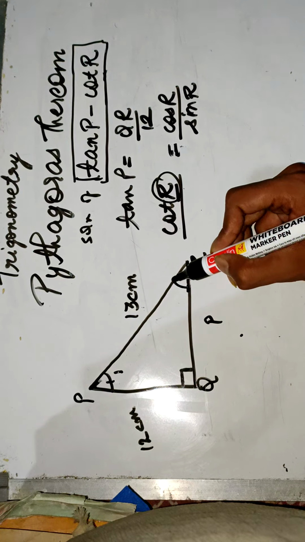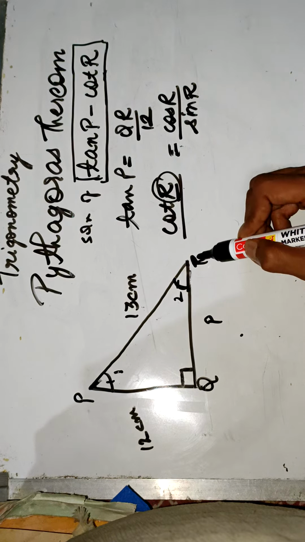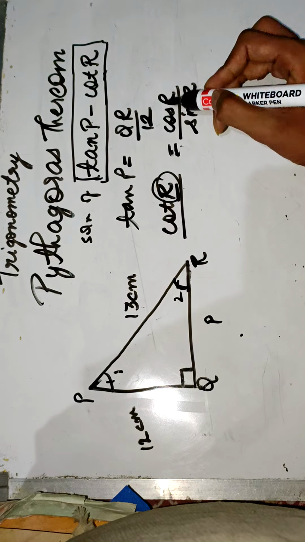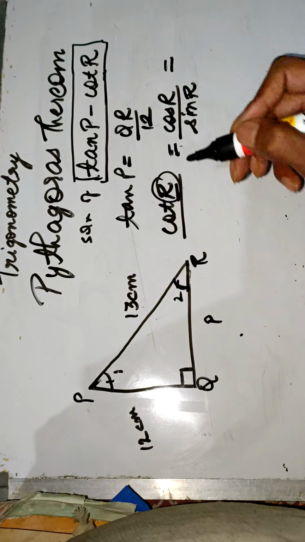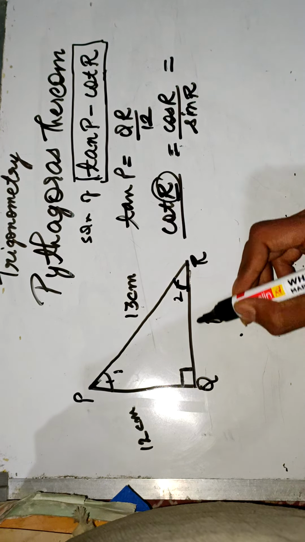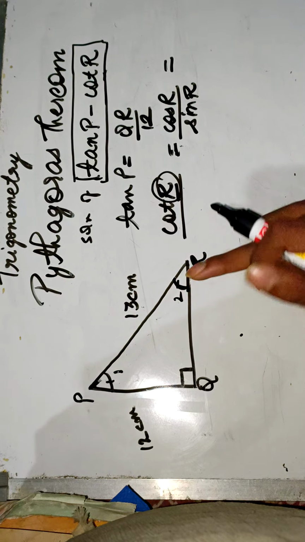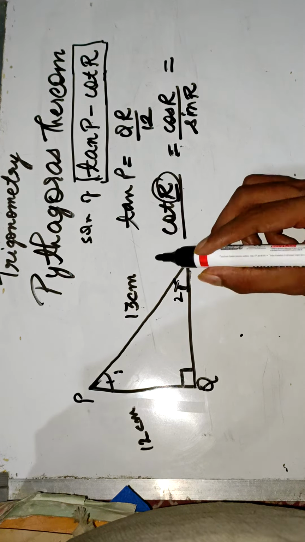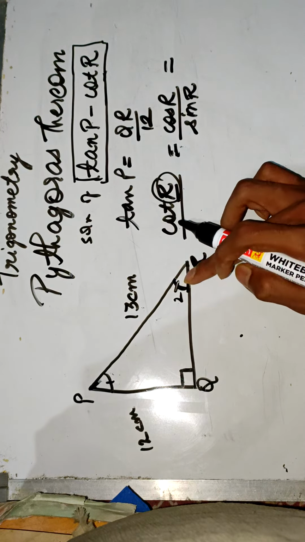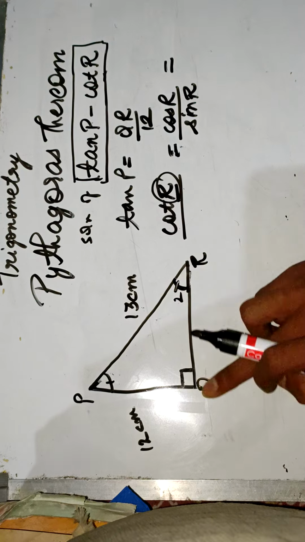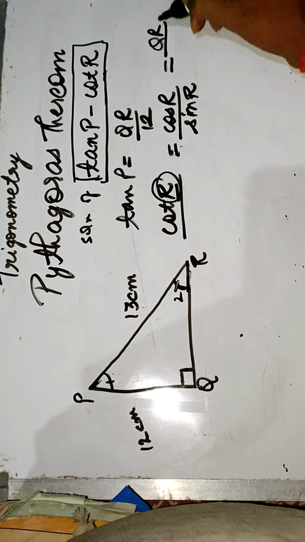Now we are dealing with this angle, R. To deal with cos R, what should be done? Cos R should be the ratio of the side which is adjacent to the angle. In this particular scenario, this is the angle that we have taken, R. So what is the side adjacent to the particular angle? That is QR. So QR should be in the numerator, and upon the hypotenuse.